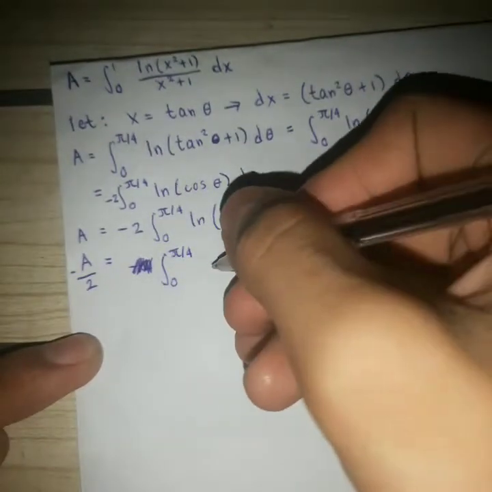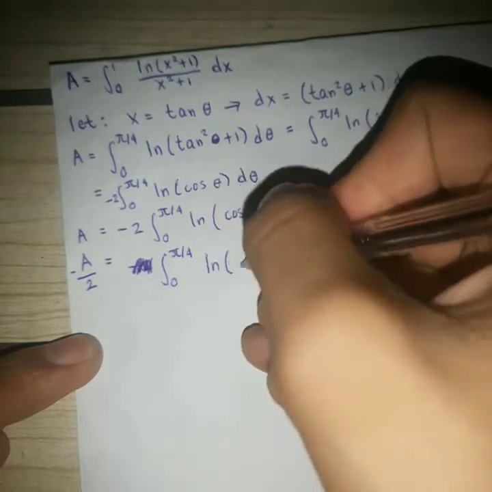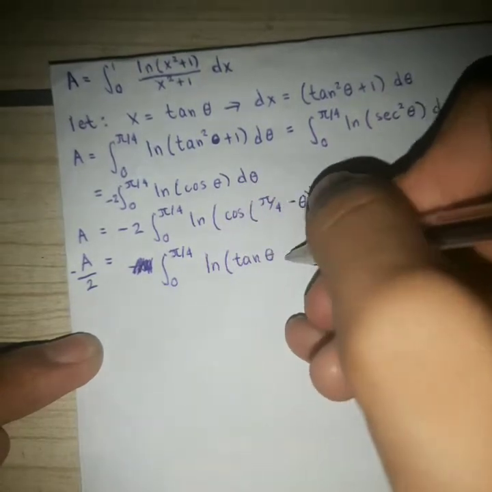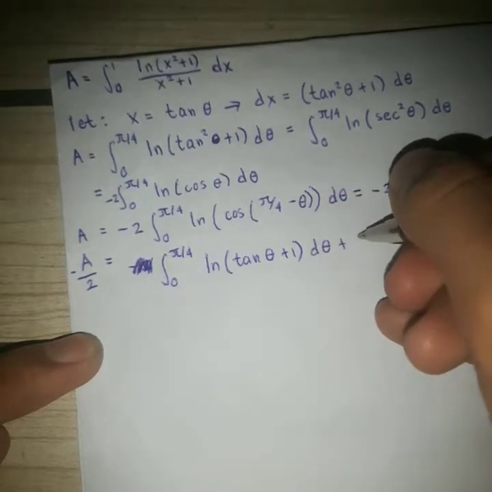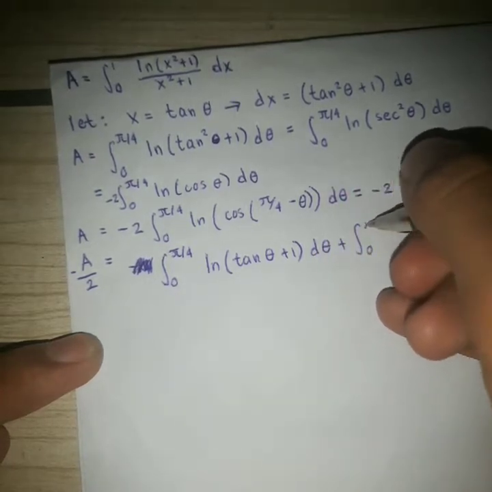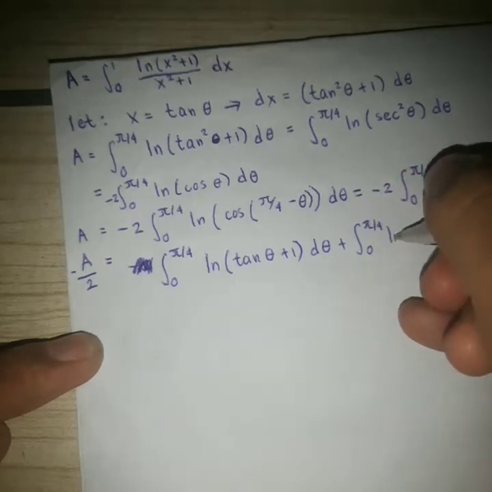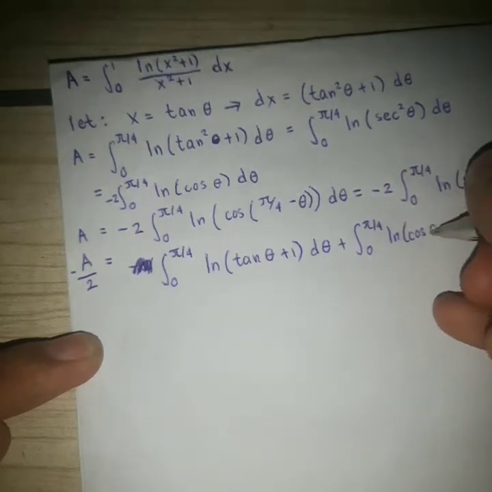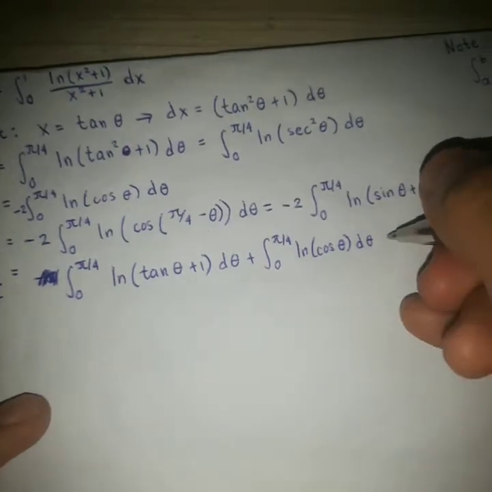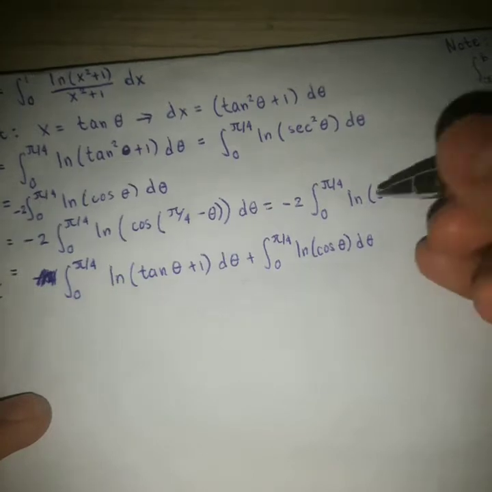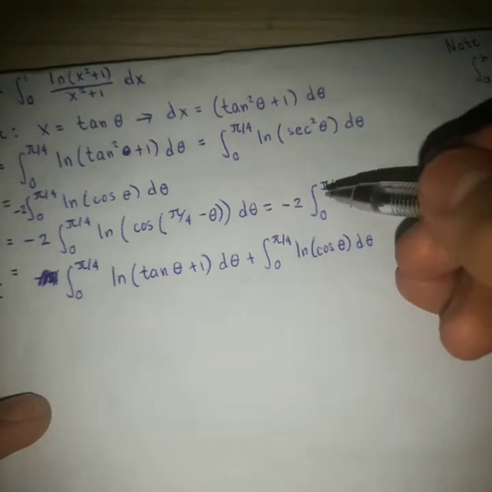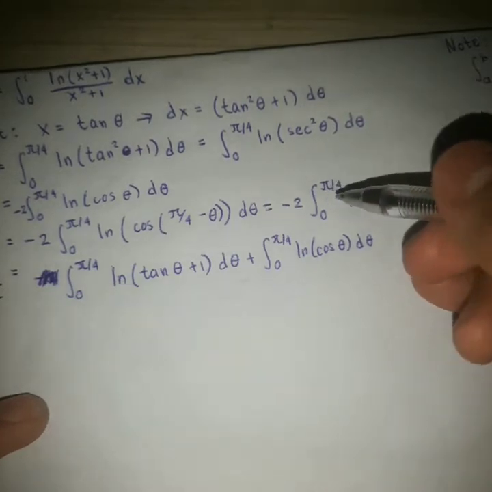So we now have the integral of ln of (tan theta plus 1) d theta plus the integral from 0 to pi over 4 of ln cosine theta d theta, minus, if we integrate this, since this is just a constant, we will just multiply it by its upper limit.